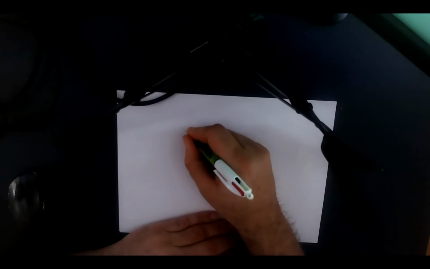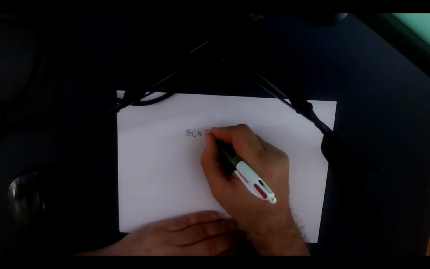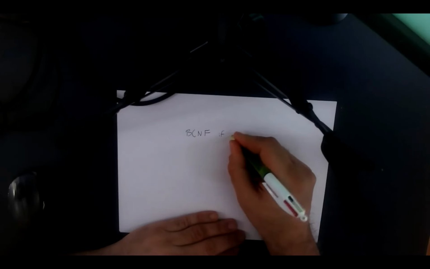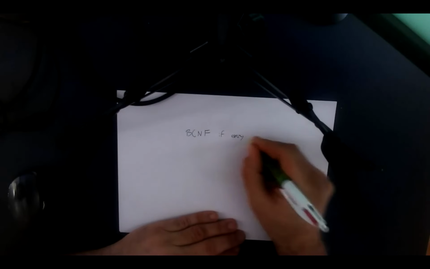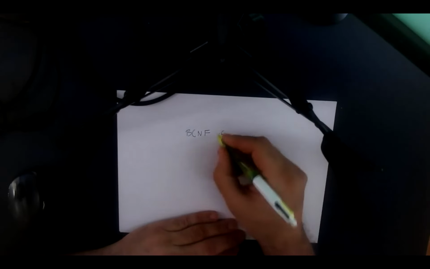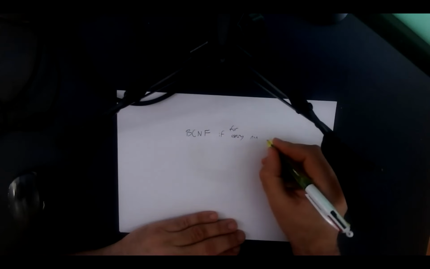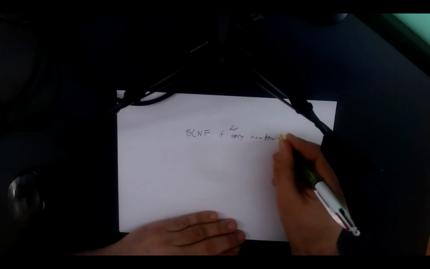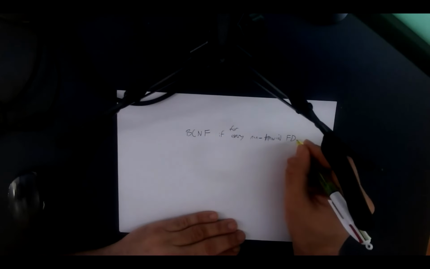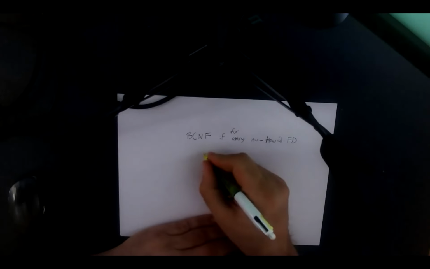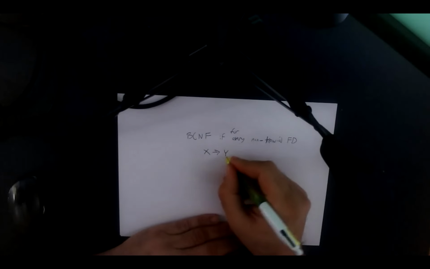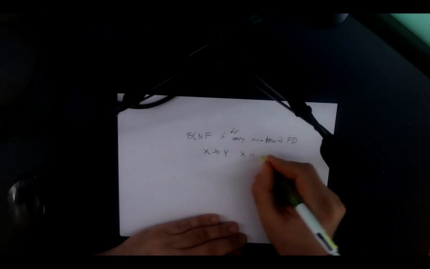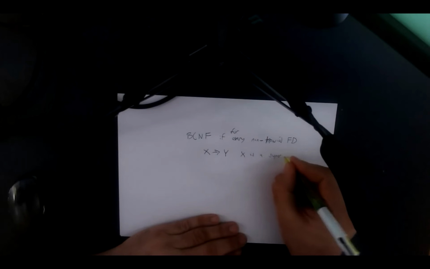Remember, BCNF basically says something is in BCNF if for every non-trivial functional dependency X goes to Y, X is a superkey.